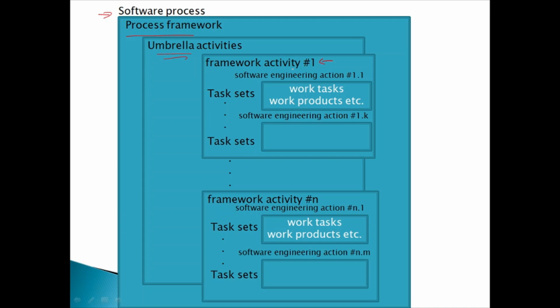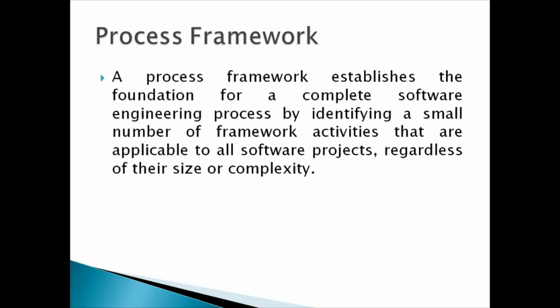Suppose number 1, in this we have the software engineering action, task sets, again some task set for another action. So in this way we have a number of framework activities consisting of actions, and each action consisting of task sets. Okay, so let us go through what exactly we mean by a process framework.